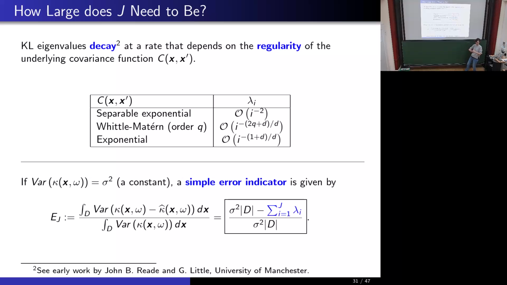You will underestimate the variance by chopping it off after J terms. If we have a constant variance, then the relative error in the variance can be written like this. And so again, it depends on the eigenvalues. This is computable, because it only depends on the first J eigenvalues, not the tail. For the mean square error, you need to know the tail.